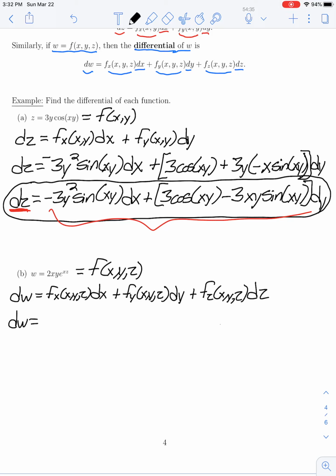Our differential dw is, well, differentiating with respect to x, we're going to make use of the product and chain rules.